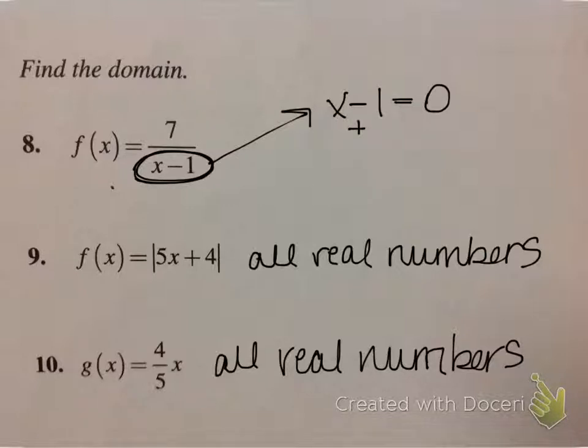Because whatever it is, we have to eliminate it from the numbers that we could possibly plug in. If I just solve this little mini equation, and you can already tell me the answer, I'm sure. If x equals 1, if I plug in 1 in my denominator, I get 1 minus 1 is 0. I get 7 over 0. That's undefined. So I can put in any number I want except the number 1. So we can say, there's a couple different ways we can say this. We can say all real numbers except 1.